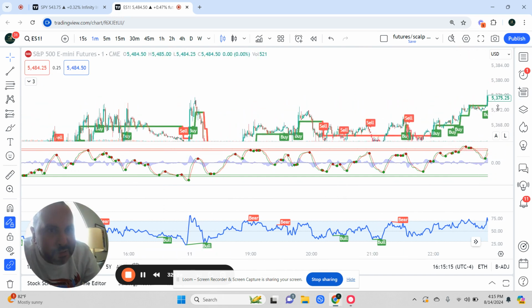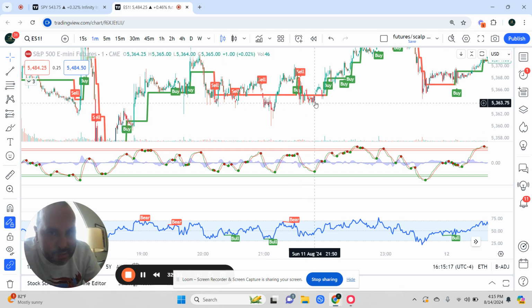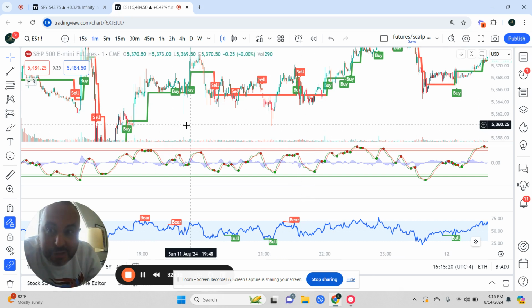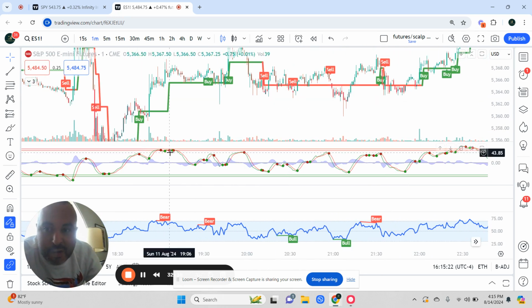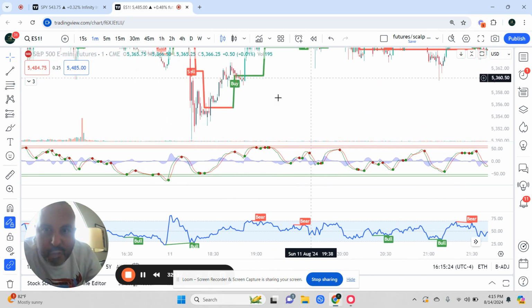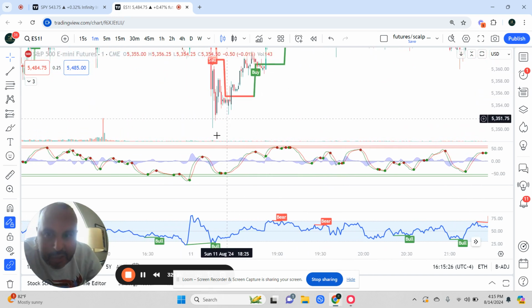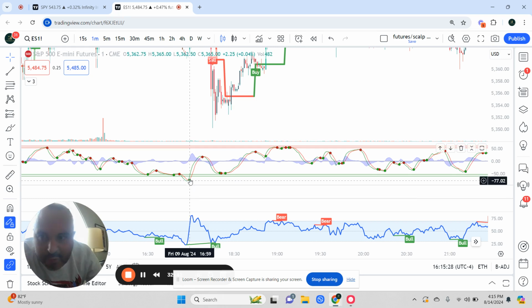So it's very simple, right? And sorry, I have to do this on the 1 minute chart. Still getting used to that. Again, kind of the same thing. When you're at extremes here is when you're looking to enter into a position. So for instance, here we're at extremes, right?